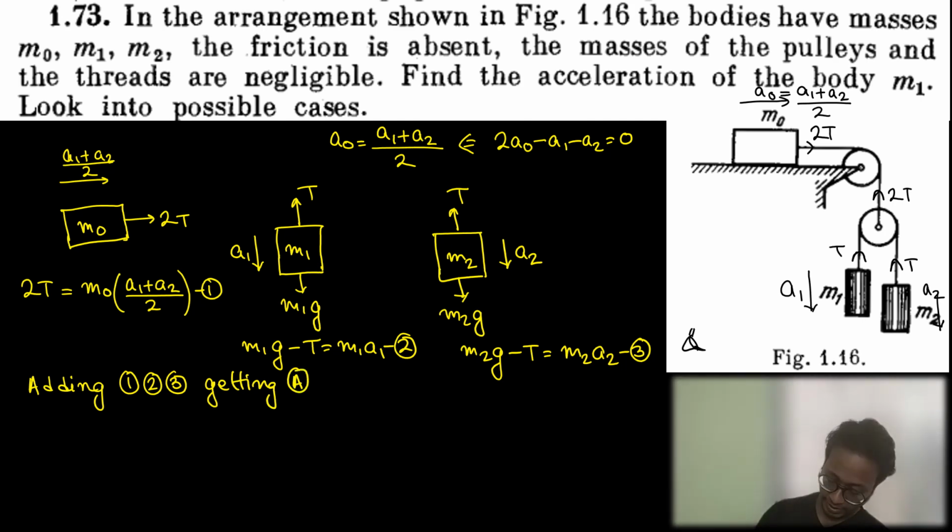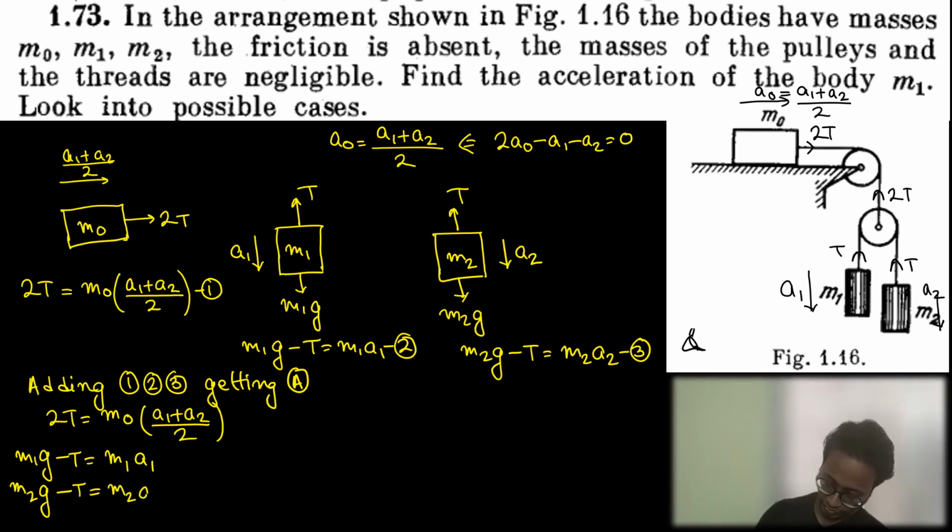What do I mean by that? That means 2t is equal to m naught (a1 plus a2) divided by 2, m1g minus t is equal to m1 a1, and m2g minus t is equal to m2 a2.